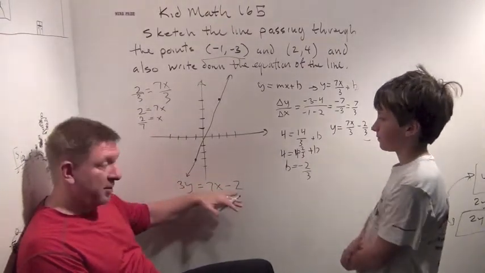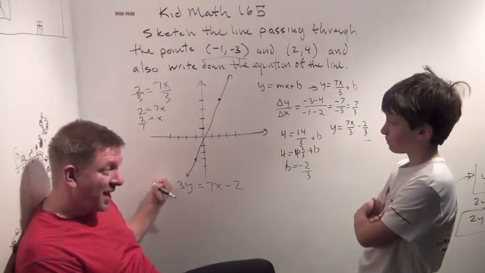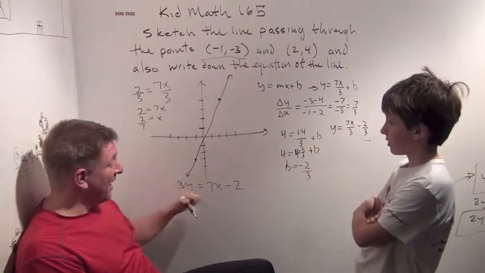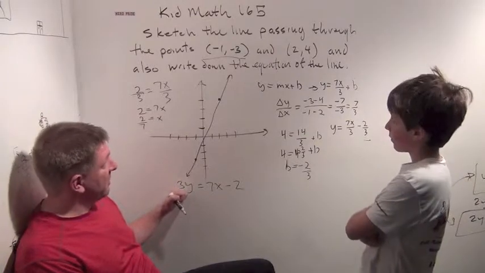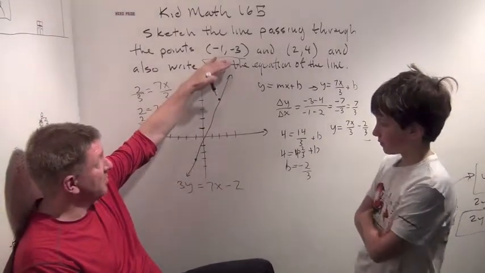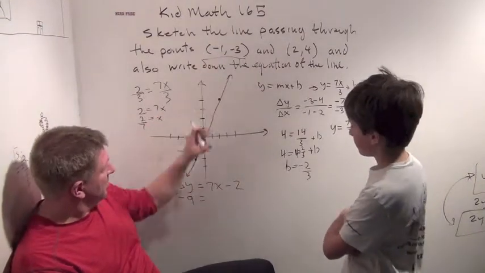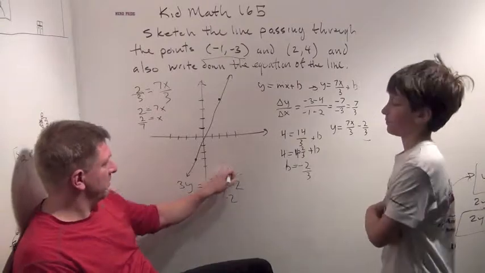I just multiplied everything by 3. The slope of this line here is definitely not 7. You've got to make sure you divide by the y coefficient. But it does make solving this a little bit easier. So I get -9 is -7 minus 2. That works, which is -9. Okay, good.